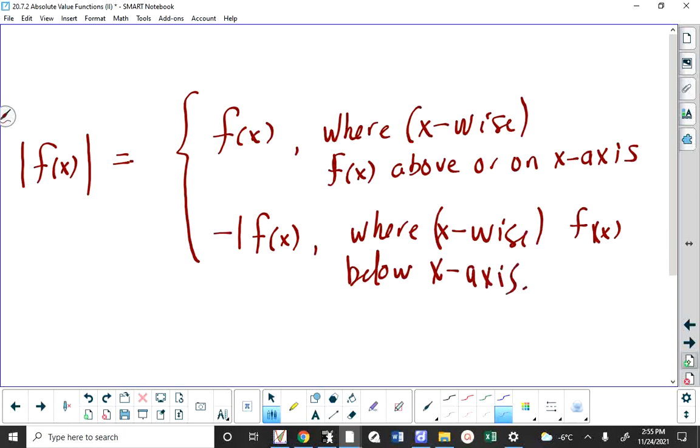And quite frankly, I think the deeper understanding is that. How you find where it's above and where it's below, I really don't care. But the defining points of all of your domains will be x-intercepts. You have to look at the x-intercepts because that's where the graph goes from being below to being above, or being above to being below. It's pretty greasy stuff intellectually.